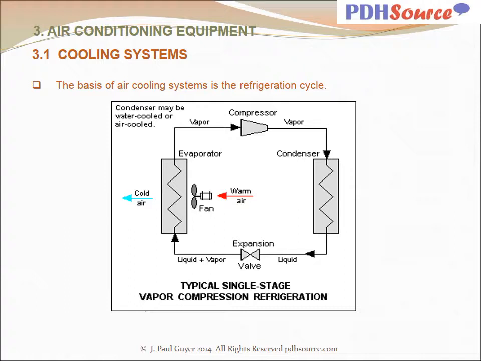So the fundamental elements in the refrigeration cycle are what you see here: a compressor, what is called a condenser, which is a heat exchanger. A heat exchanger is something that allows you to bring something that is hot in proximity to something that is cold.